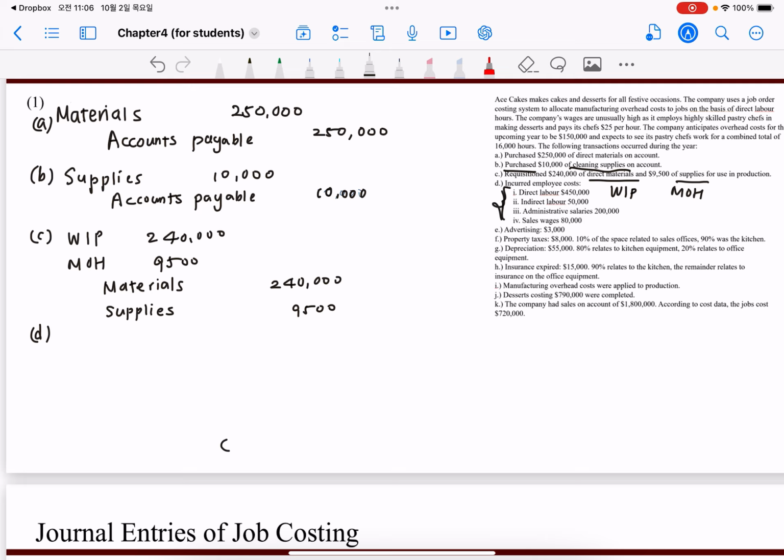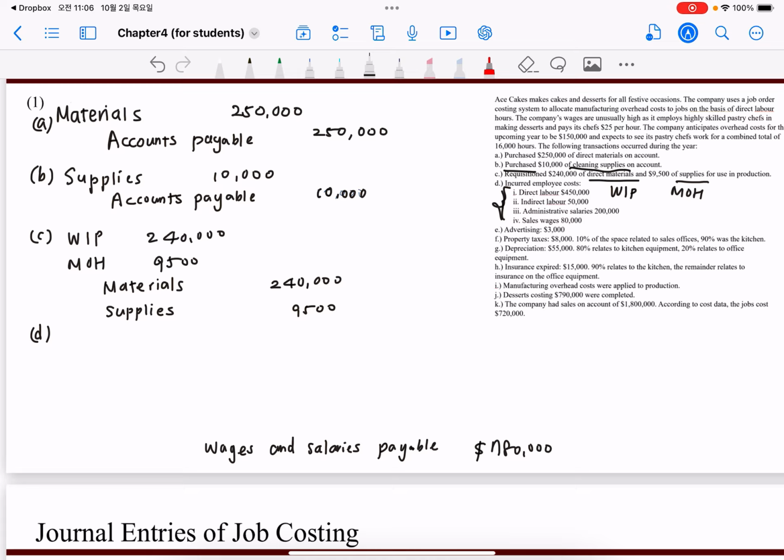So we first credit the wages and salaries payable, and we lump all these 4 into this payable. Once you add up, we have $780,000.